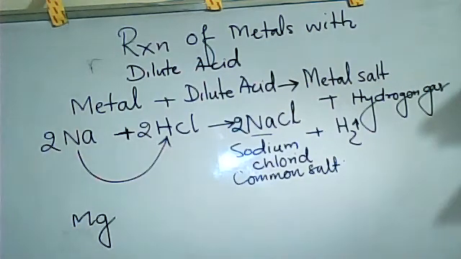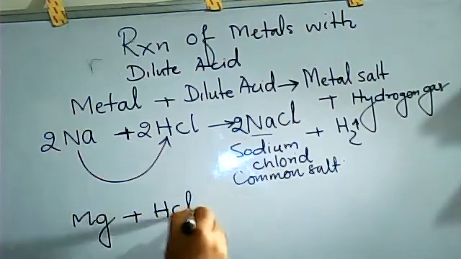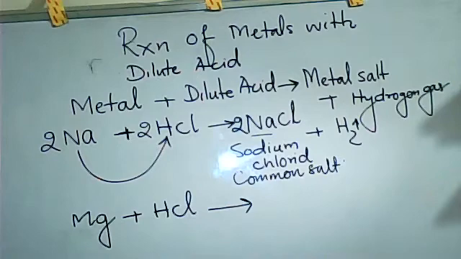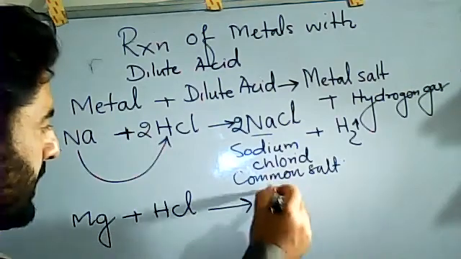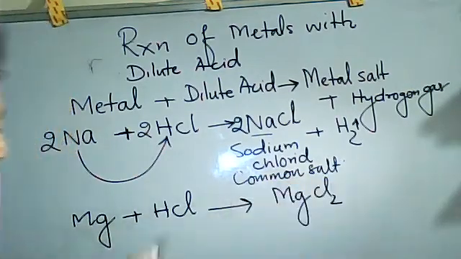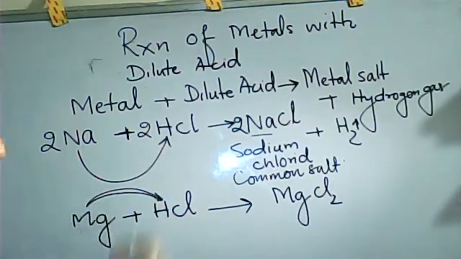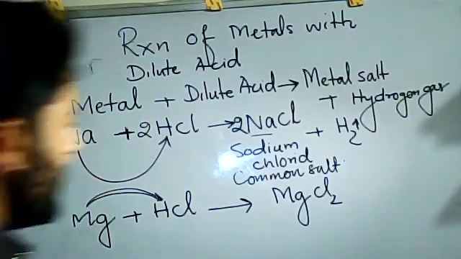When it reacts with the dilute hydrochloric acid, it will form a salt that is known as magnesium chloride, MgCl2. So the magnesium is displacing hydrogen once again. So this is an example of a displacement reaction.